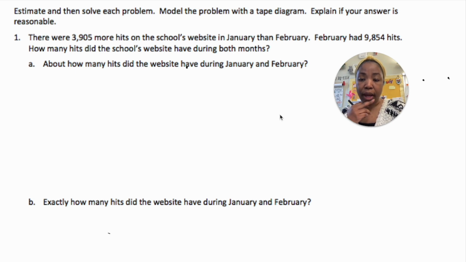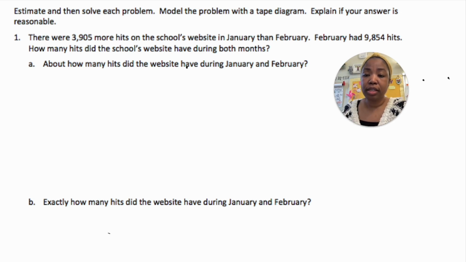For number 1, there were 3,905 more hits on the school's website in January than February. February had 9,854 hits. How many hits did the school's website have during both months? So I'm going to first look at A. It says about how many hits did the website have during January and February.